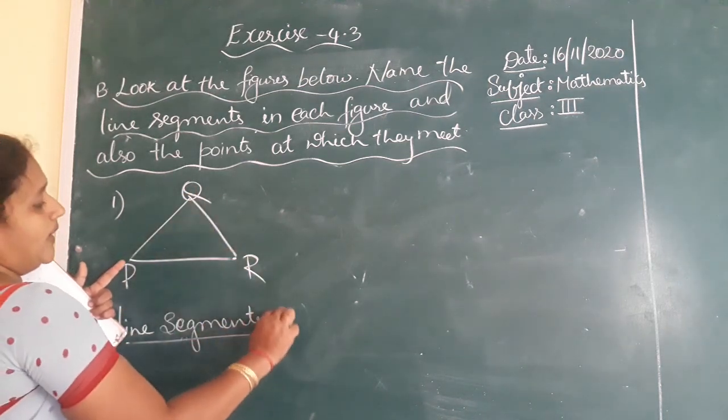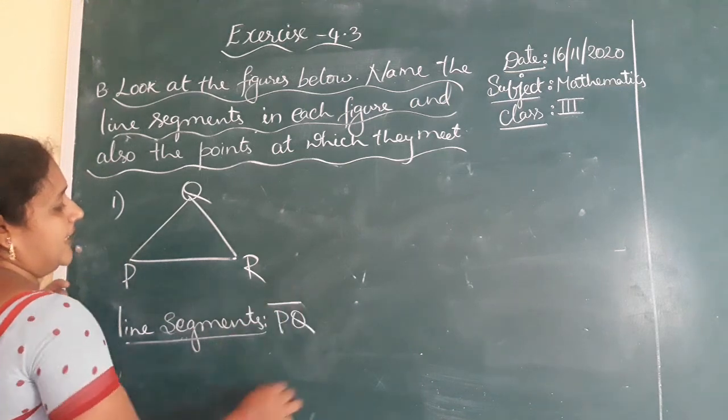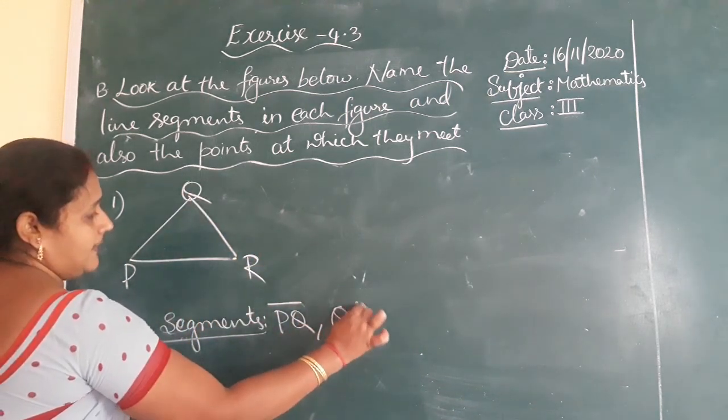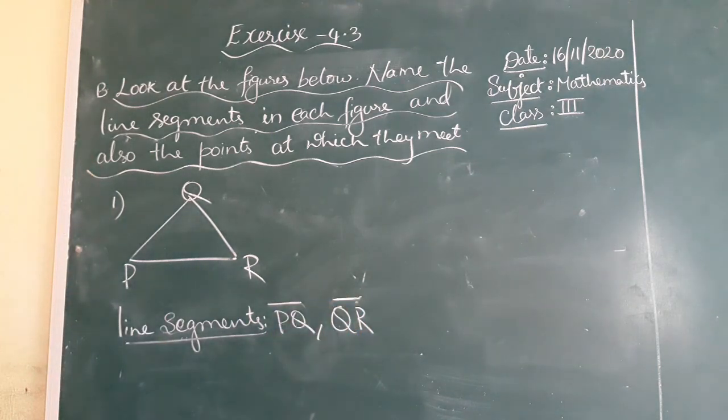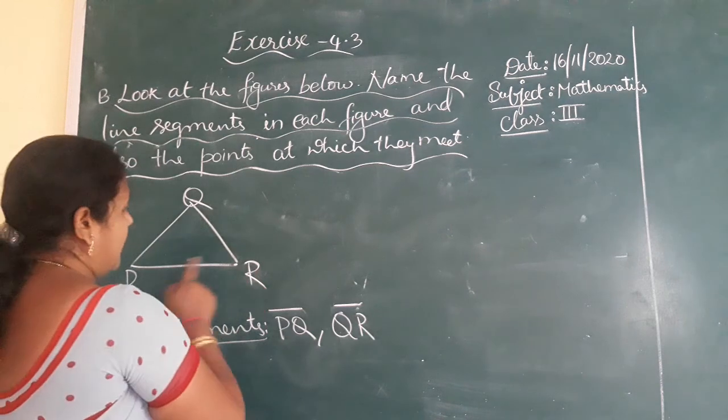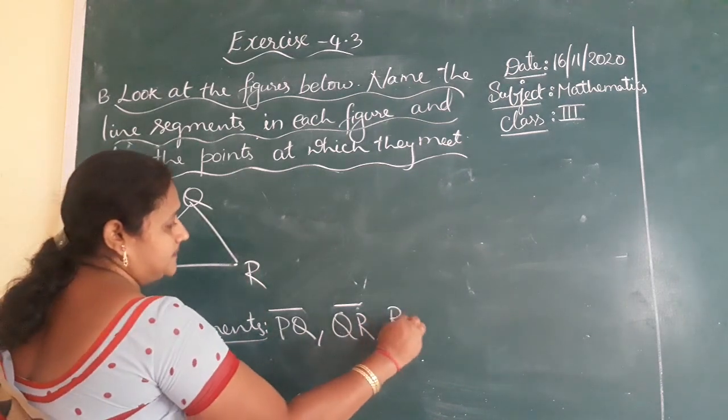See, P to Q, one line segment PQ, next QR, and RP.